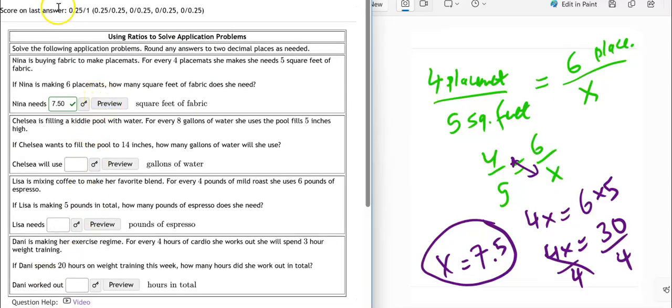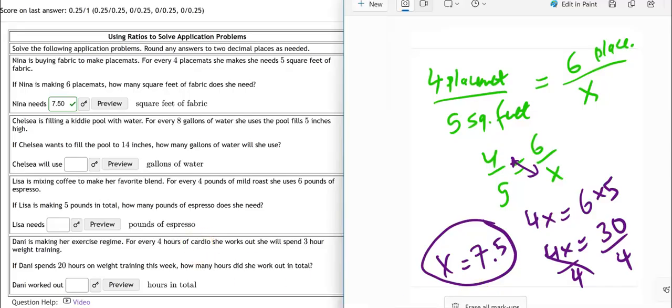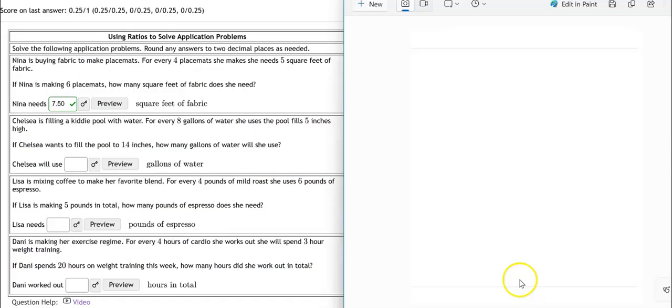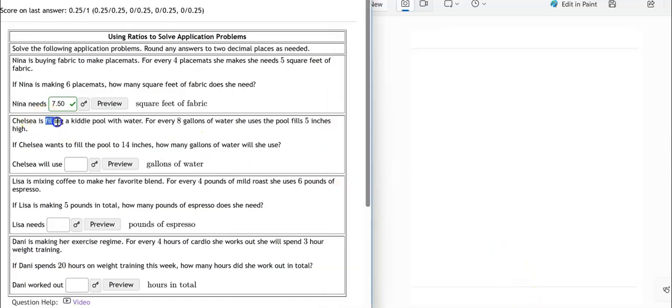Okay, second question, let me clear that. Chelsea is filling a kiddie pool with water. For every 8 gallons of water she uses, the pool fills 5 inches high.